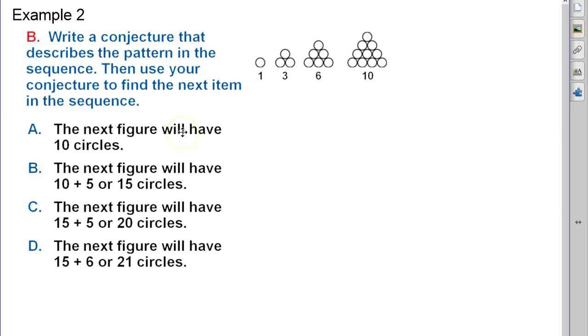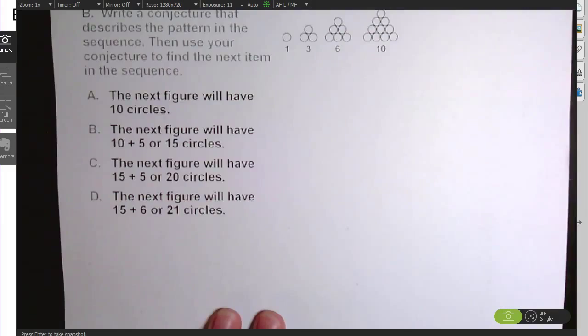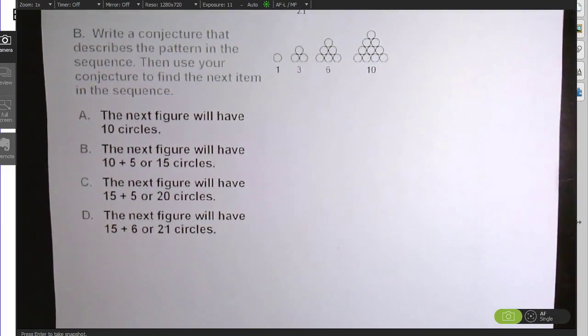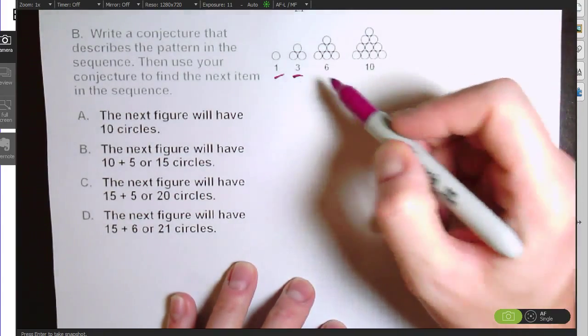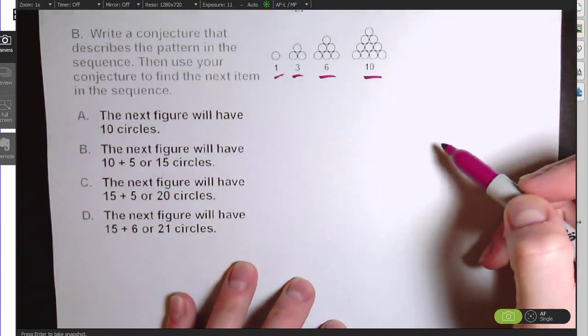Another example. Again, doing drawings here, checking to see if you notice a pattern. So for example 2, write a conjecture that describes the pattern in the sequence, then use your conjecture to find the next item in the sequence. Okay. So next patterns, here we go. First we have 1, then 3, then 6, then 10.